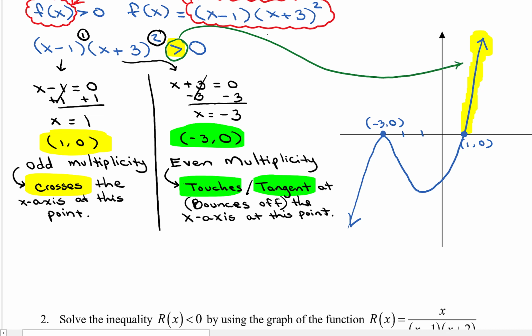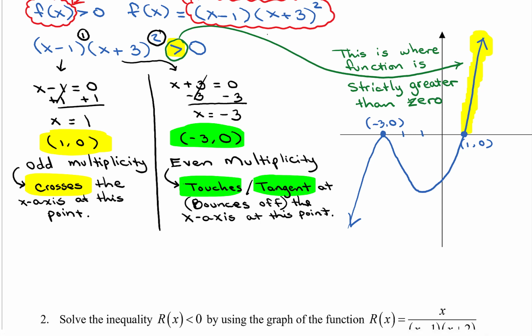I highlighted in yellow where the function is greater than 0, where the function is above the x-axis. This is where the function is strictly greater than 0. Notice that I tried not to highlight the x-intercept, because if I were to highlight the x-intercept, then that's where it equals 0.